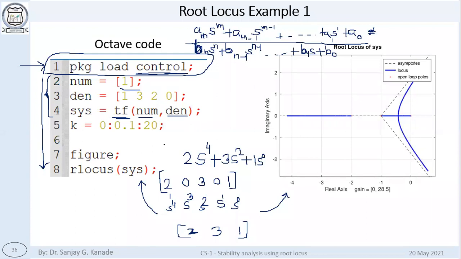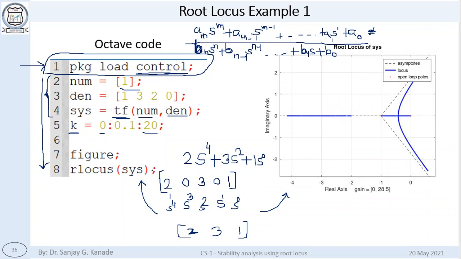Then the variable k, which we are varying from 0 to 20. Theoretically, we say k is varied from 0 to infinity, but we don't really need to calculate up to infinity. We just get a shape, and after that it is just going to follow the asymptotes.